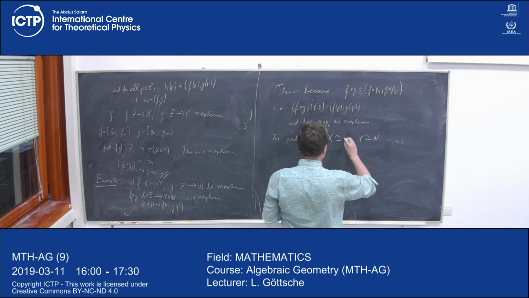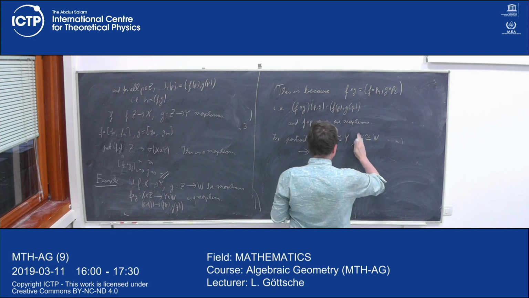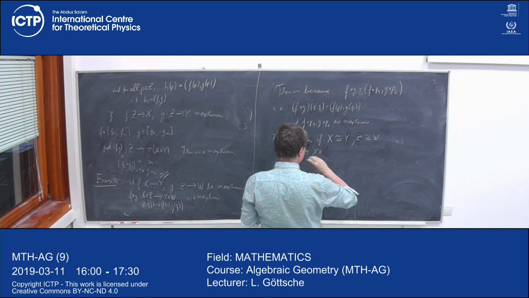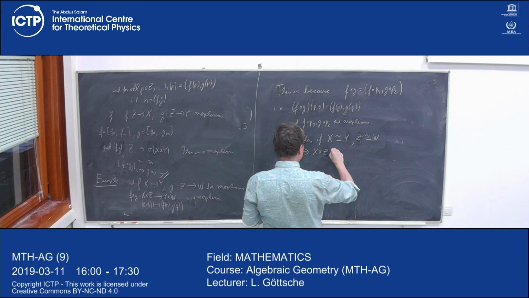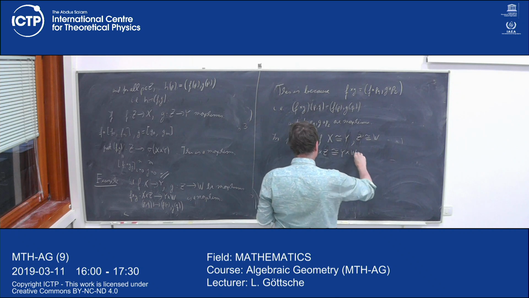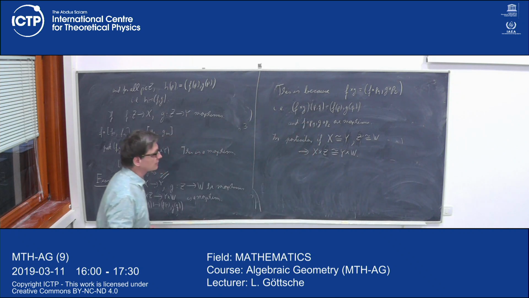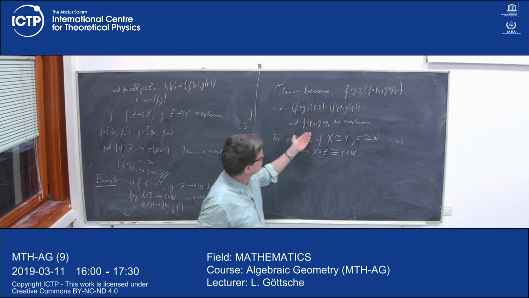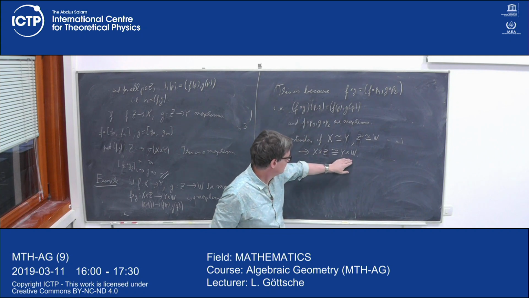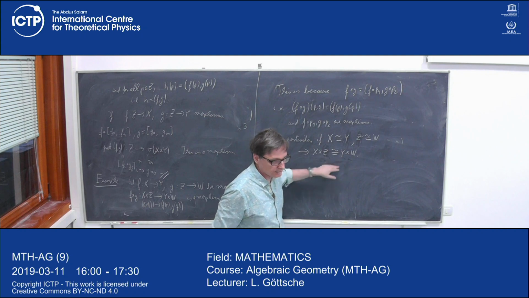X was maybe supposed to be isomorphic to Y, and Z isomorphic to W, then X times Z is isomorphic to Y times W. We have this morphism from one to the other, and the inverse morphism, and obviously the composition is better.